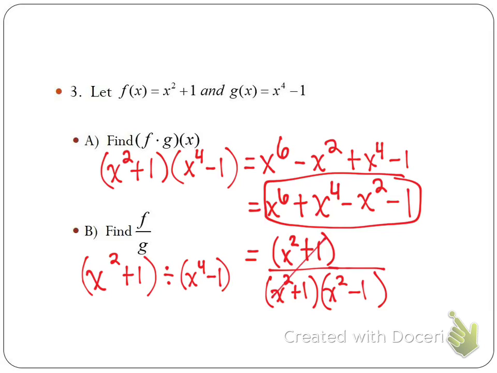The x squared plus 1s cancel out. So what's left in my numerator? A 1. Okay, this reduces to 1 over 1. So I have 1 over x squared minus 1. Okay, so that's why I'm not entirely sure what synthetic would look like on that one, but I knew factoring was going to work out for us.